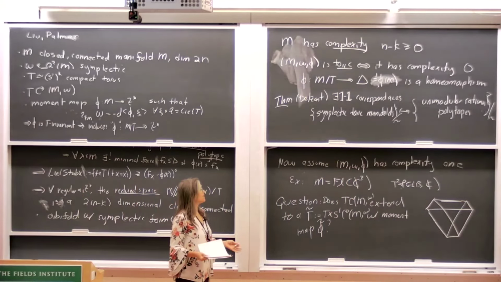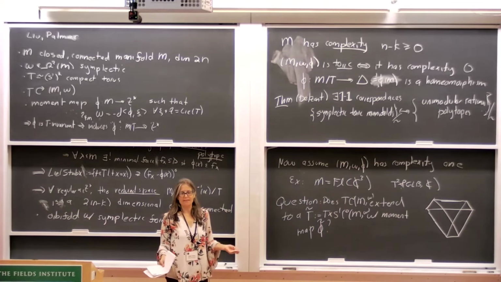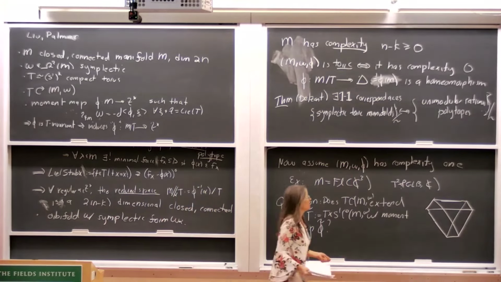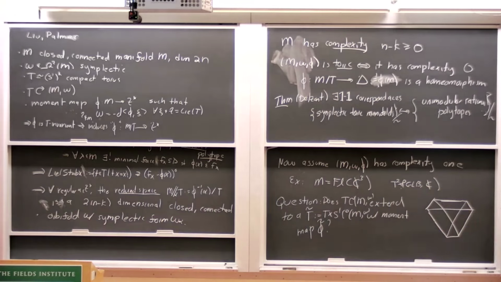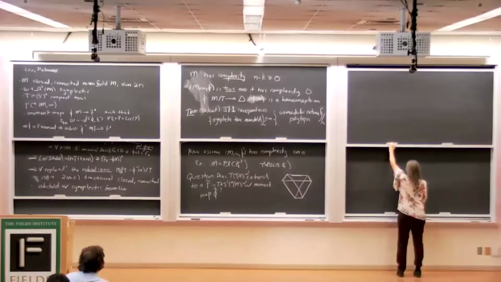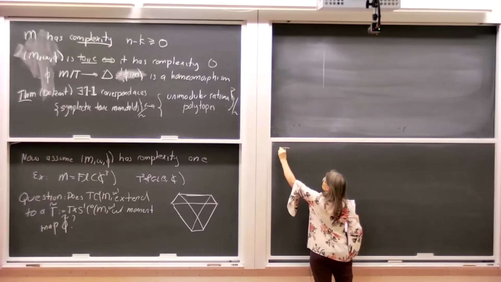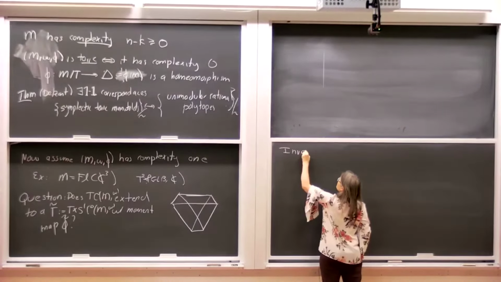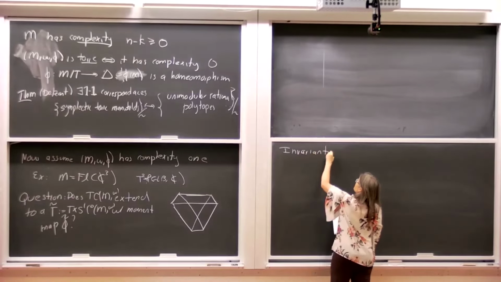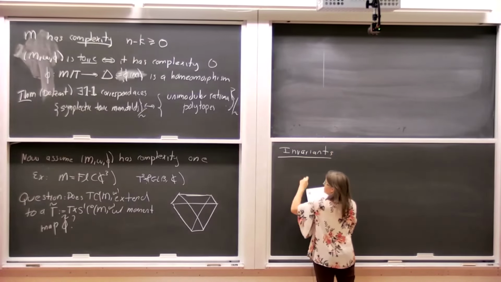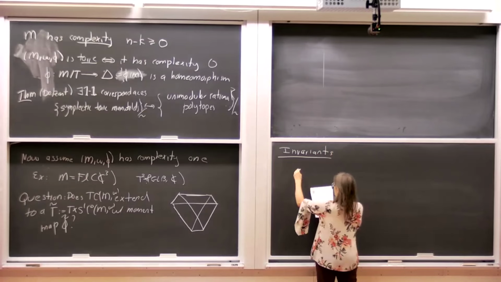Obviously, if I want to answer this, I need to understand complexity one spaces. That's the first step. So I need to define the invariants. I want to have a list of invariants.